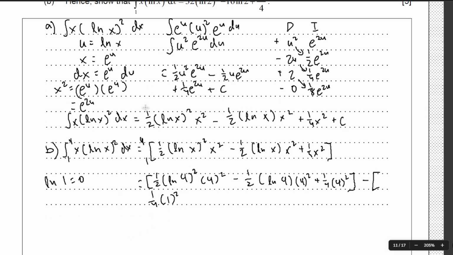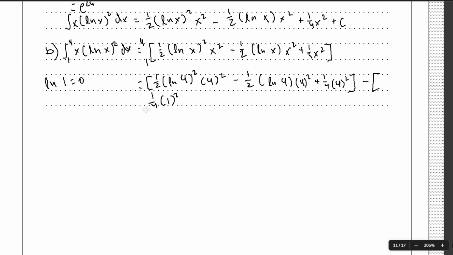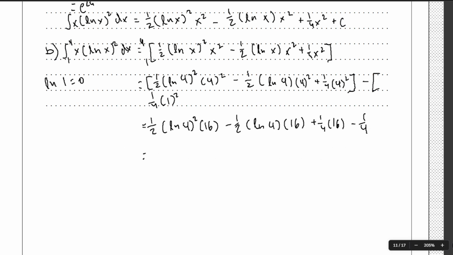And here, let me just scroll down, we would be left with 1 over 2 (ln 4) squared times 16, minus 1 over 2 ln 4 times 16, plus 1 over 4 times 16, minus 1 over 4. So here, keep in mind that log a power b is the same as b log a.